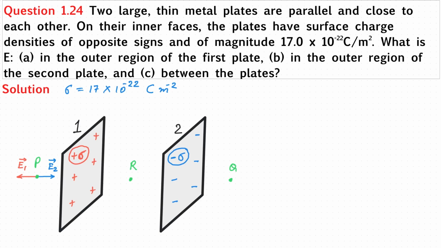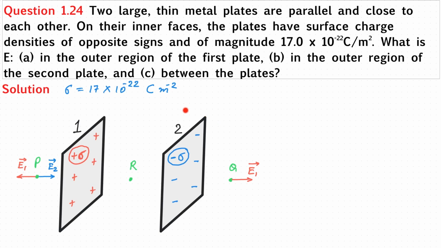Now let us take point Q, which is in the outer region of the second plate. Let us see. Here, due to the positive charge, that means the first plate, the electric field will be again radially outside, but now it will be in the right side direction, because the plate is on the left, and so the electric field will be in the right direction this way.